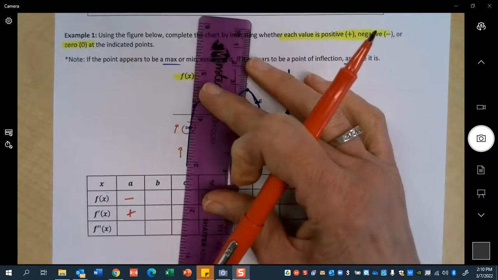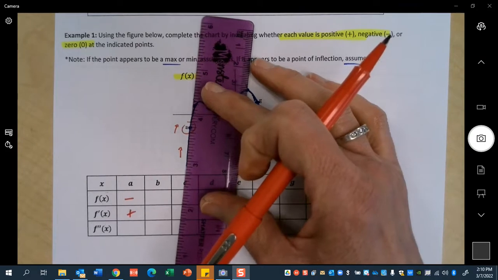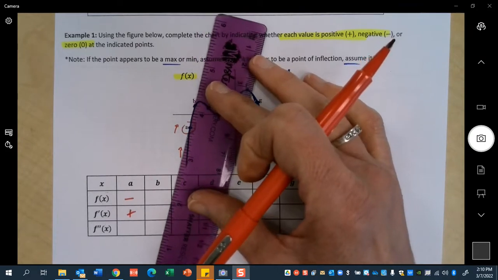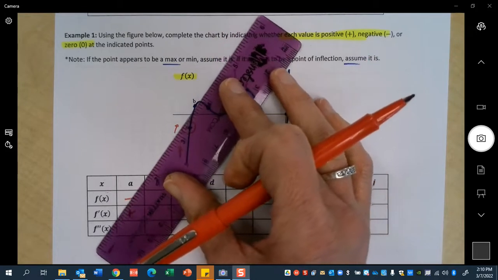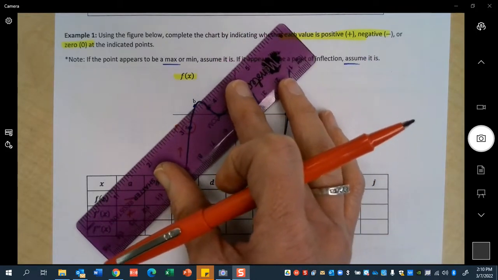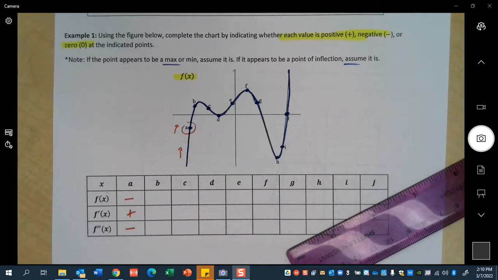If I look at what's happening to the slope, it's pretty steep, but it's going to be getting flatter and flatter and flatter. So my second derivative is going to be negative because the value of my first derivative is decreasing.